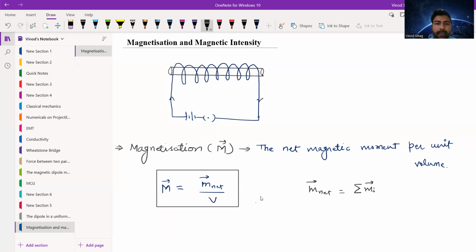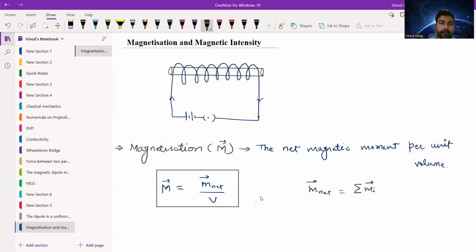As you can see in the diagram, the solenoid has n turns per unit length, which is the number density of the solenoid. And the black cylinder is the soft iron core that we have inserted inside the solenoid.